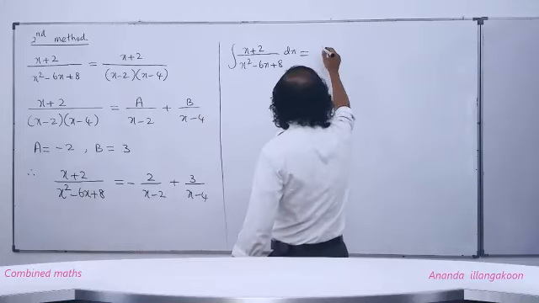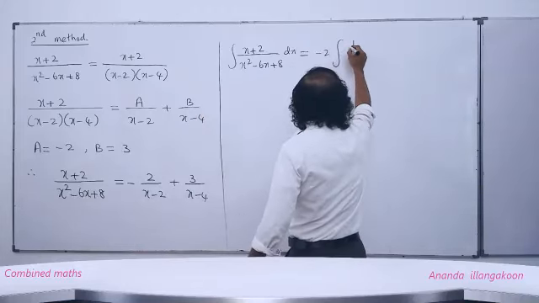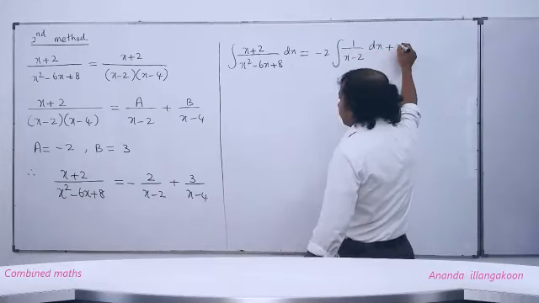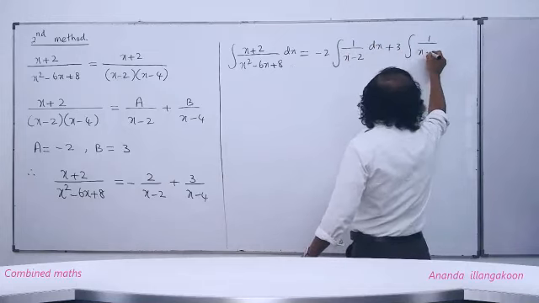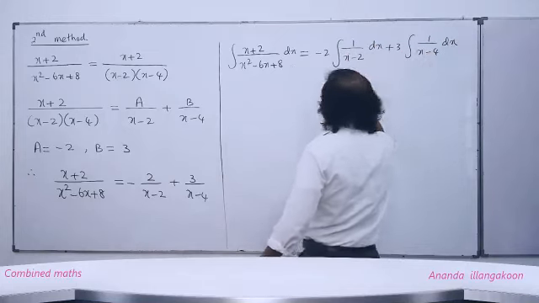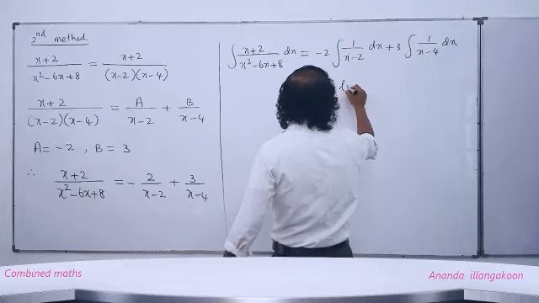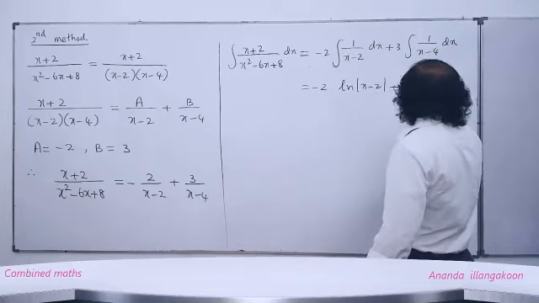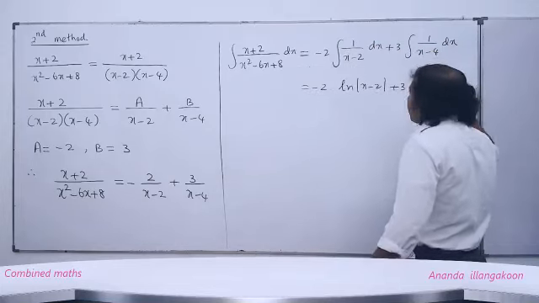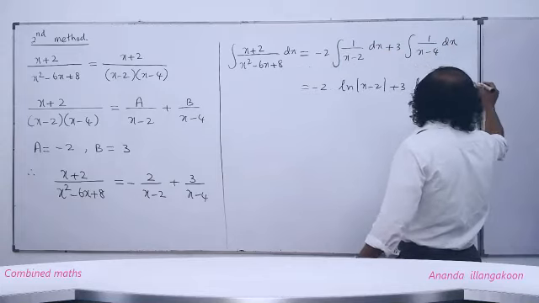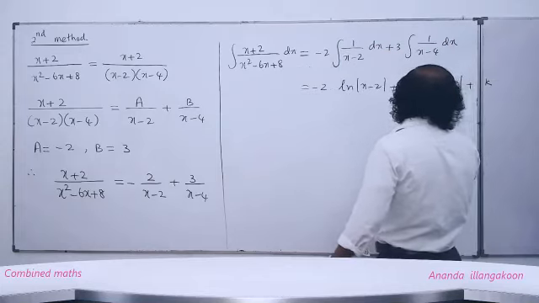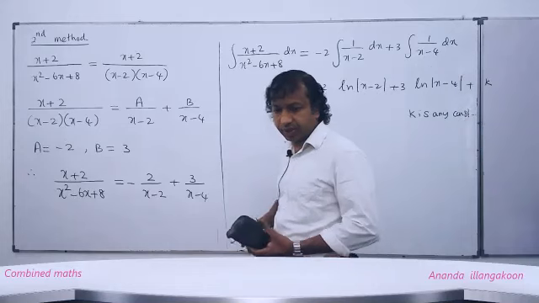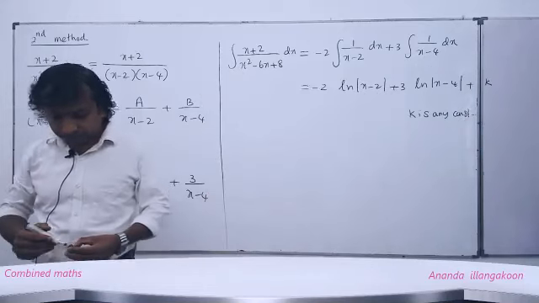Take this minus 2 out: 1 upon x minus 2 dx plus 3 times 1 upon x minus 4 dx. Right. So now here minus 2. What is the integral of this? ln mod x minus 2 plus 3 times ln mod x minus 4, plus k. K is any constant. That's how we take this answer.